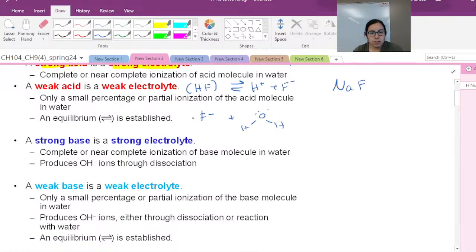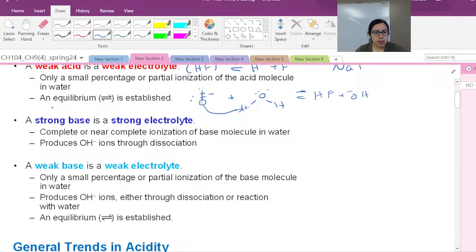It's going to pluck off a hydrogen and make a little residual HF back in solution. So if you're doing some sort of reaction and making sodium fluoride, you have to make sure you neutralize your waste so you don't have HF running around.